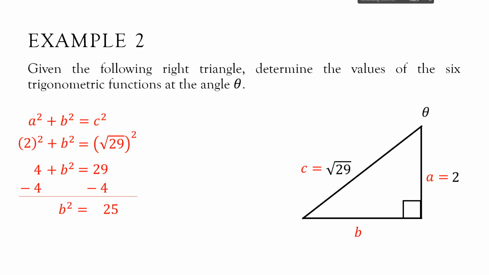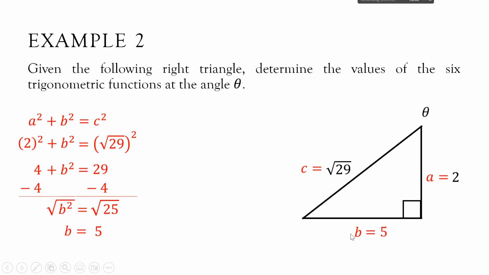So somehow I gotta get rid of this exponent. I need to get rid of this squared. So what's the opposite of squaring something? That's square rooting it. So I'm going to square root the left and the right, giving me B is equal to 5. So I'm going to put that on my triangle, just so I have it labeled.